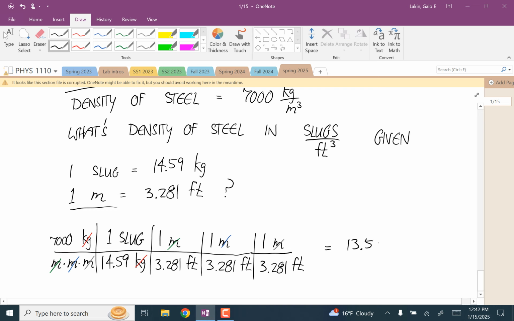Okay, good. 13.58 slugs per cubic foot. Anybody have any questions about that? Okay, so that's really all there is to unit conversion.